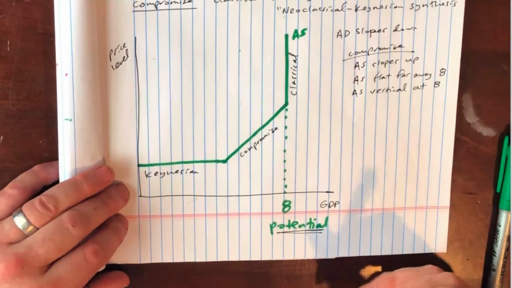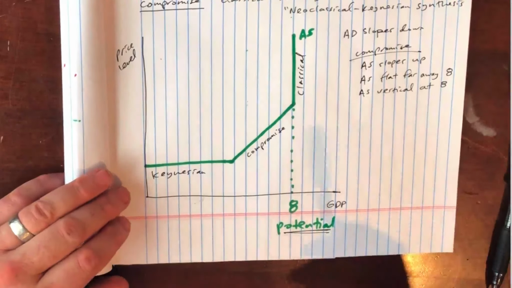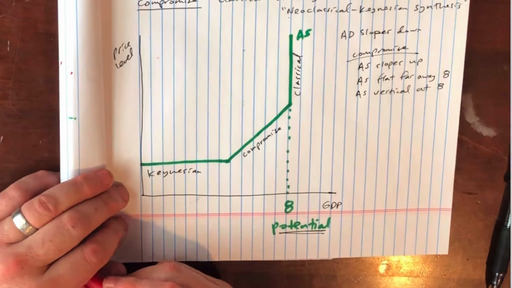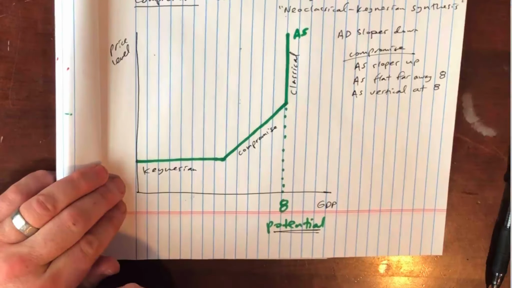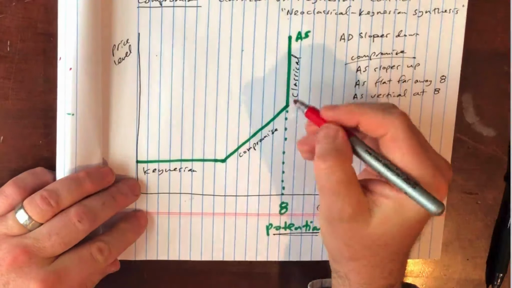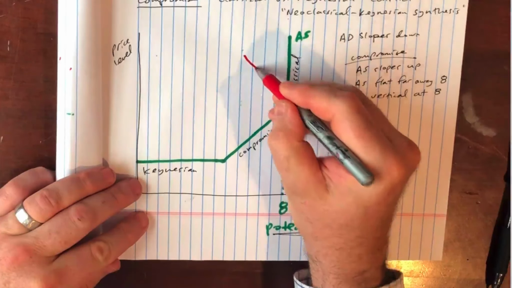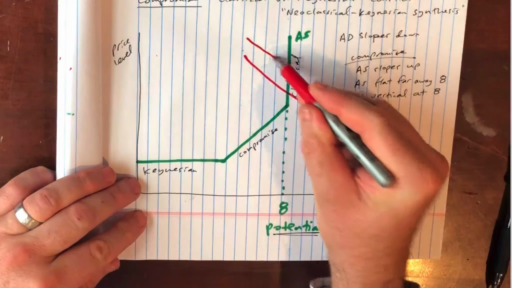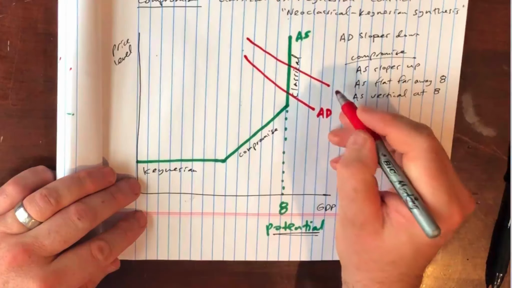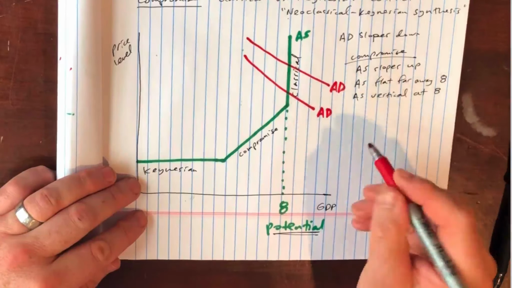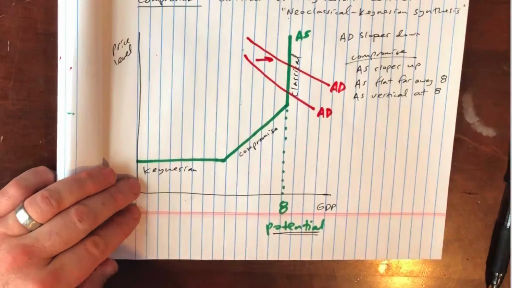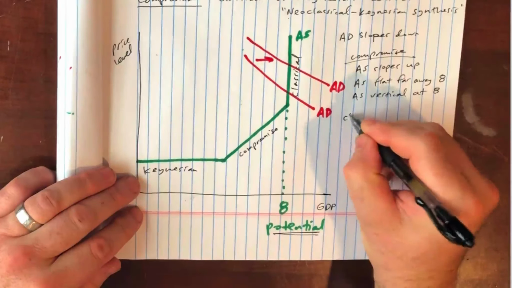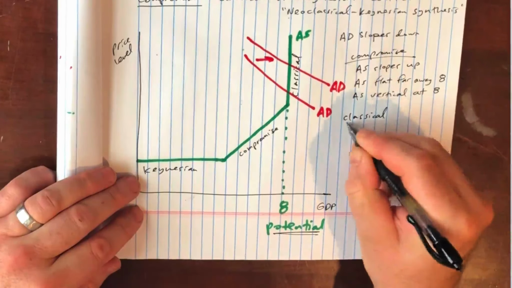How is it a compromise, though, okay? Well, in order to see that, we have to do some changes in aggregate demand, okay? So for the classical model, a change in aggregate demand, let's do it like this. Say we go from an initial aggregate demand position here to a new one here, okay? The classical view is that changes in aggregate demand don't matter at all, okay?